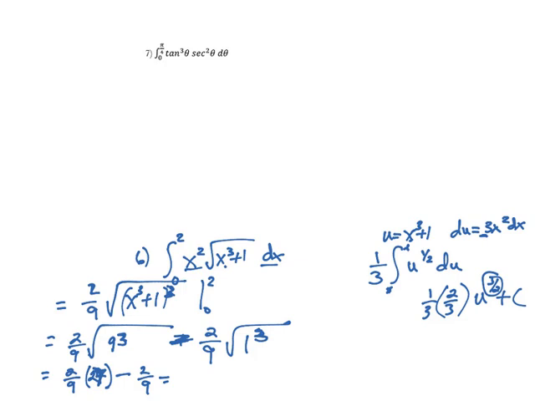So I could really say that's 2/9 times 27 minus 1, if I factor out the 2/9, which was probably easier, which is 2/9 times 26, or 52/9.